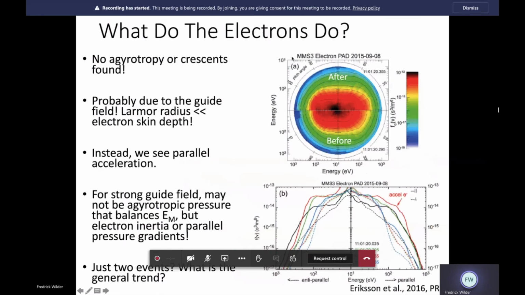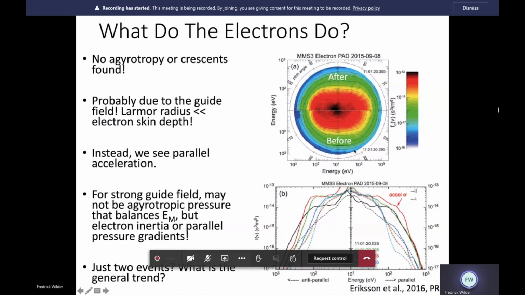Even more interestingly, no crescents. The electrons are gyrotropic. They're orbiting around the magnetic field as normal. And that's probably because you have such a large background magnetic field. They actually never break the frozen-in condition. They just get heated. Instead, what we see is parallel acceleration. This is energy parallel to the magnetic field and perpendicular.